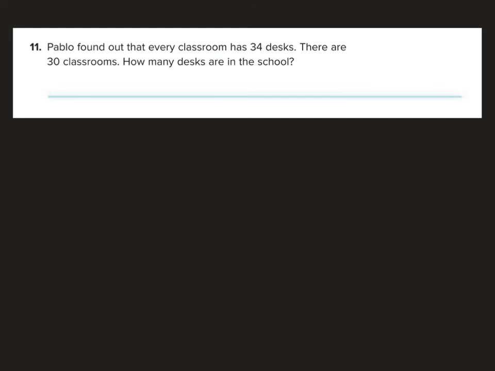Pablo found out that every classroom has 34 desks. There are 30 classrooms. How many desks are in the school? So I can do 34 times 30. 30 is a multiple of 10. So I'm going to start with my friend, the 0, in the ones place. Boom, done. Okay. Now I'm going to multiply 3 times 4 is 12.